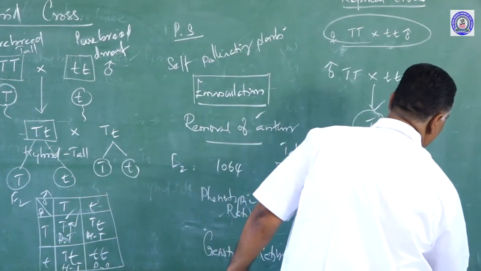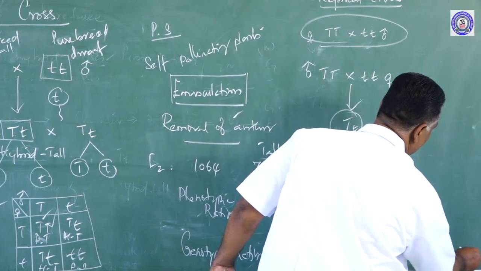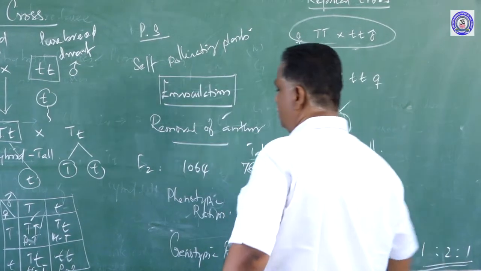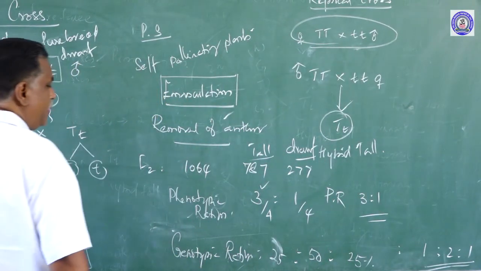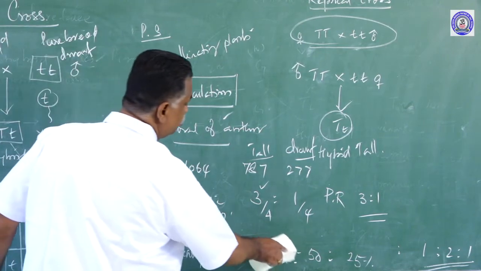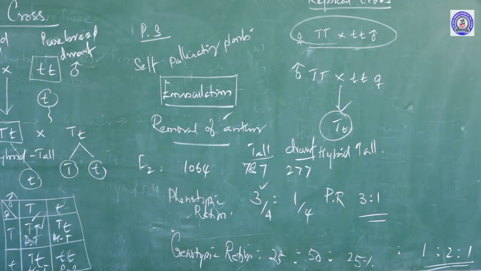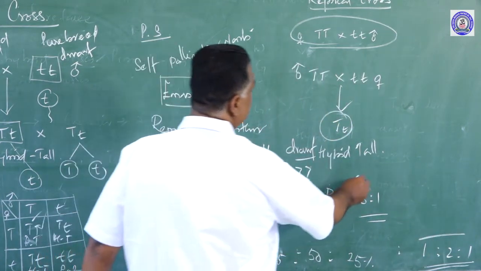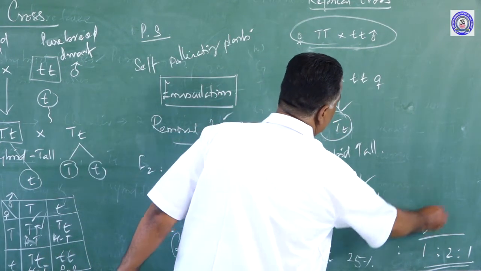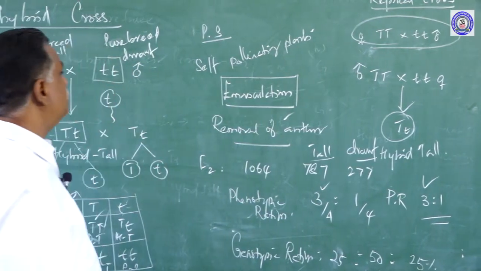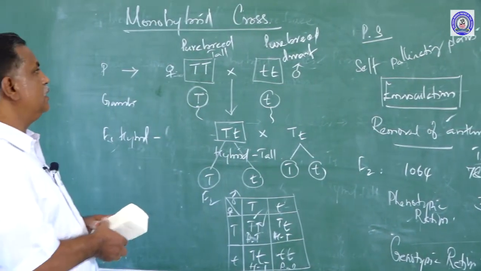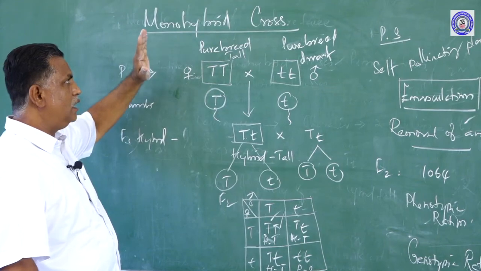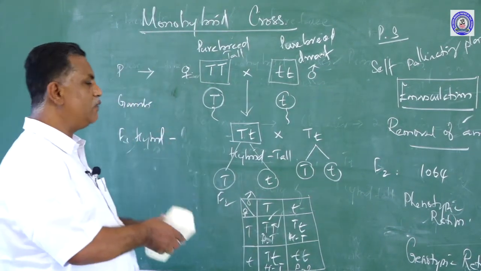So, this can be stated as 1:2:1. So, the monohybrid genotypic ratio is 25:50:25, that can be written as 1:2:1. So, phenotypic ratio is 3:1, genotypic ratio is 1:2:1. So, this was Mendel's monohybrid cross experiment on Pisum sativum or pea plant.